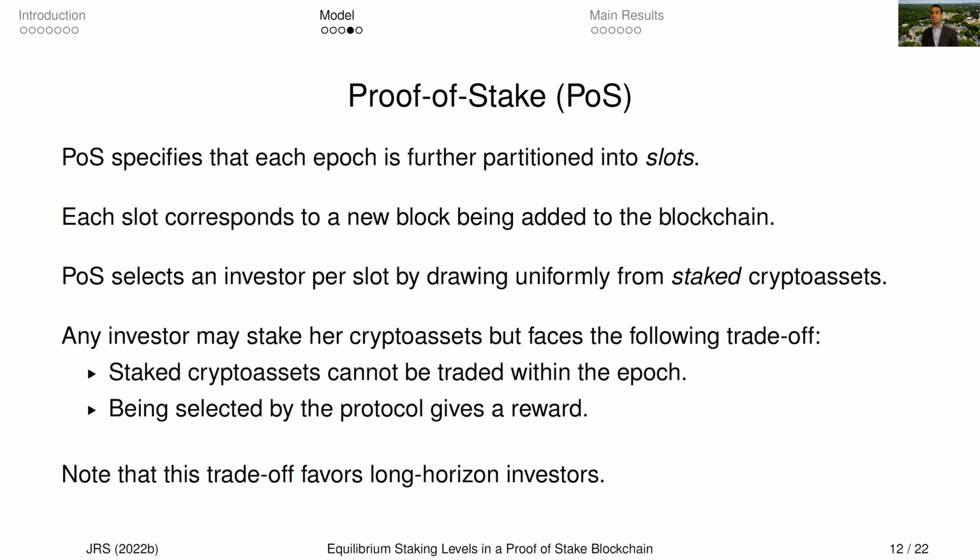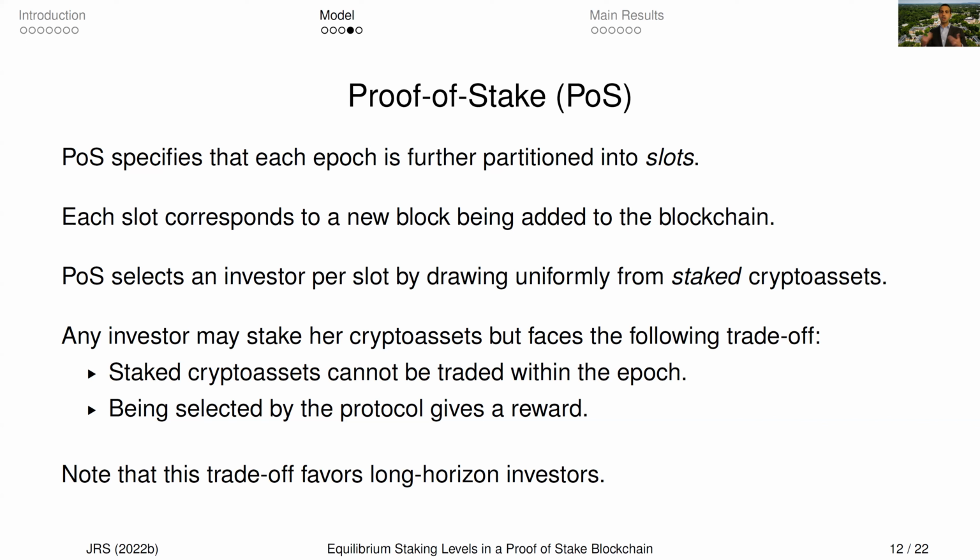But there's an advantage. If you stake your crypto asset, then maybe you'll get selected to add a block to the blockchain. And if you get selected to add a block to the blockchain, you're going to get a block reward. That is this thing I was referencing earlier, these inflationary transfers where the supply of the asset is increased and given to somebody. This is what I'm talking about.